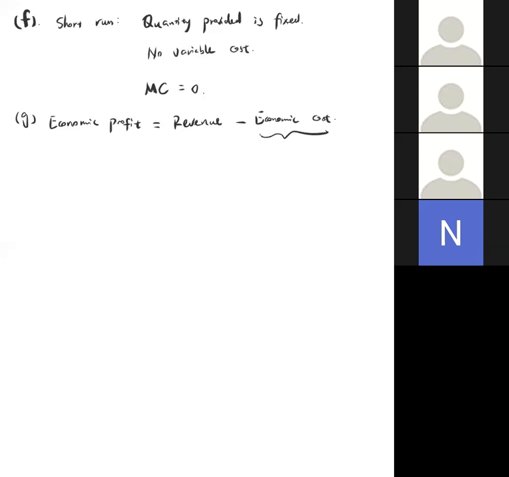So our question becomes, what is the economic cost in the short run? Economic cost should be the accounting cost minus fixed cost plus opportunity cost.